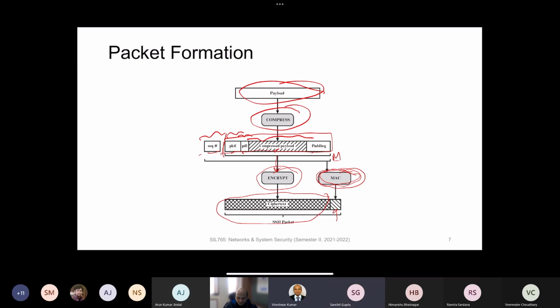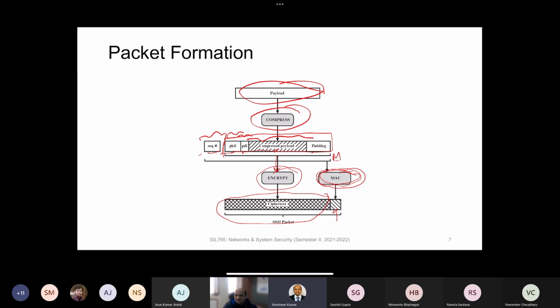The sequence number is basically for ordering delivery of messages. The outer protocol is basically using the sequence number, so definitely it will not encrypt the sequence number, because it is part of something the outer protocol uses to see the flow of the packets. Okay.